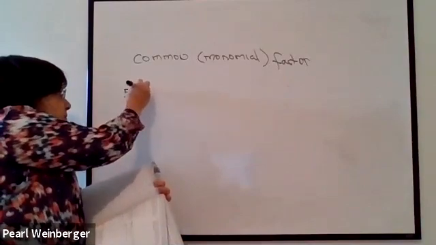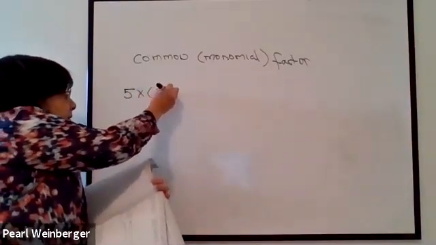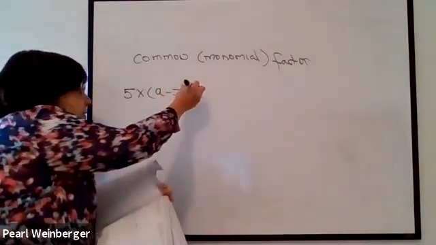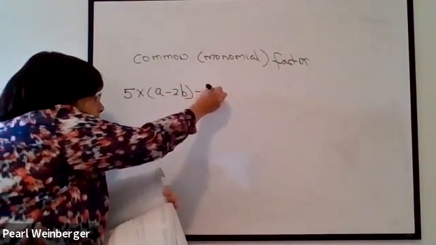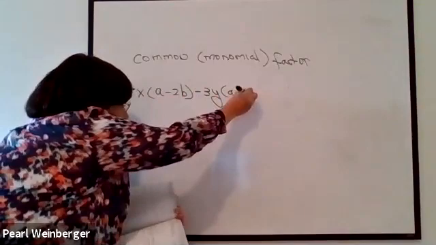Five x times a minus 2b minus 3y times a minus 2b.